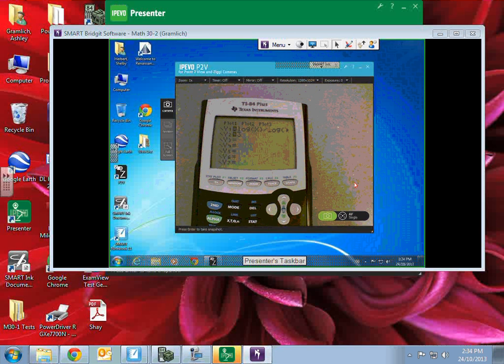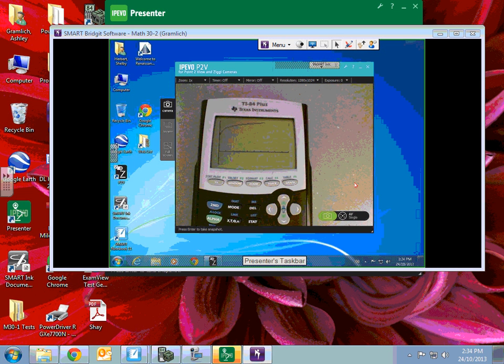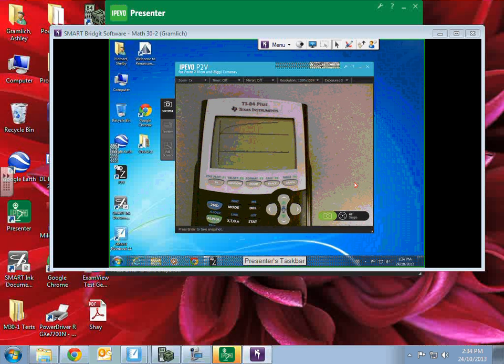And now graph that and see if that works. There we go. And then go second trace, see if you get 343. Second trace, number 5, the intersect, enter, enter, enter. Yeah, 343. There we go. We figured it out.